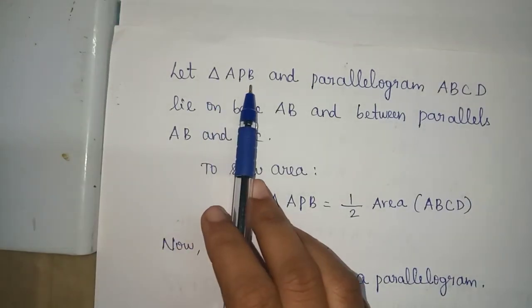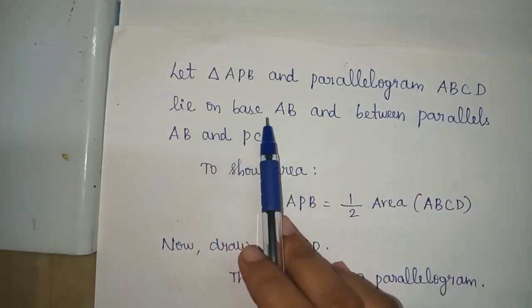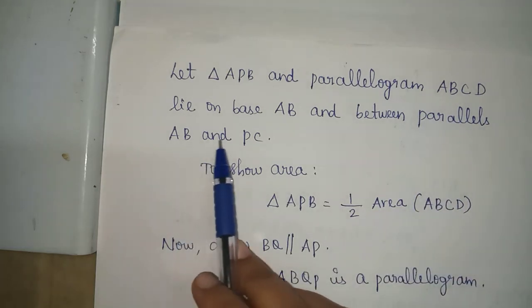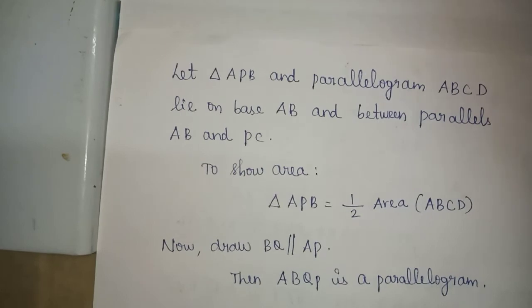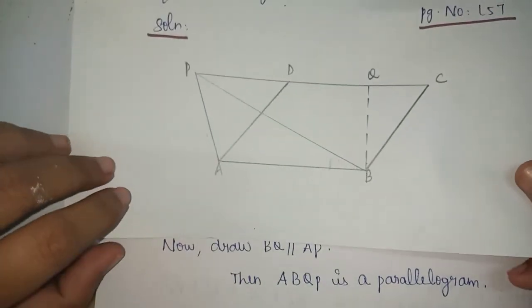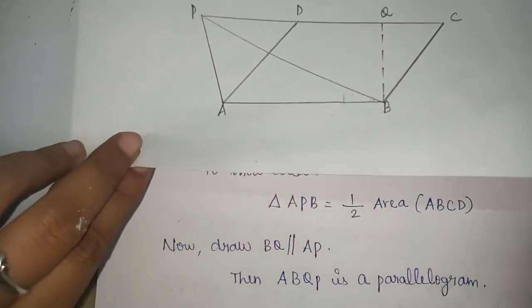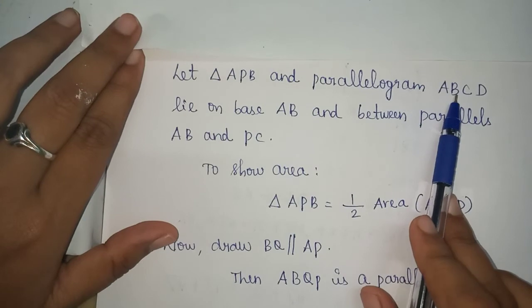Let triangle APB and parallelogram ABCD lie on a base AB and between the parallels AB and PC. So from the figure we can see a triangle APB and a parallelogram ABCD.